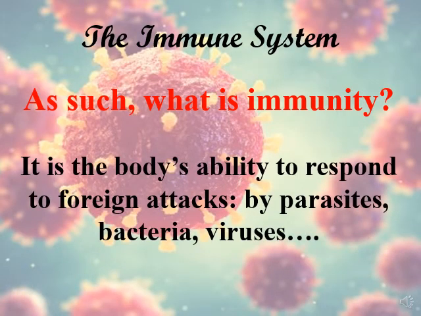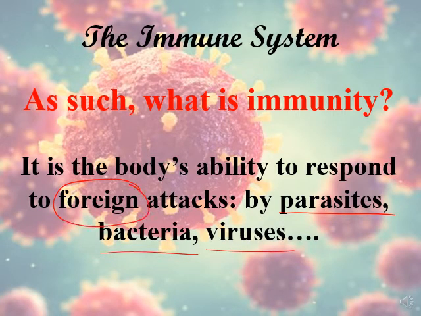Immunity is defined as the body's ability to respond to foreign attacks. What is the meaning of foreign attack? Attack by foreigners that do not belong to my body, like parasites, bacteria, and viruses. They are foreign organisms or microorganisms. Okay.